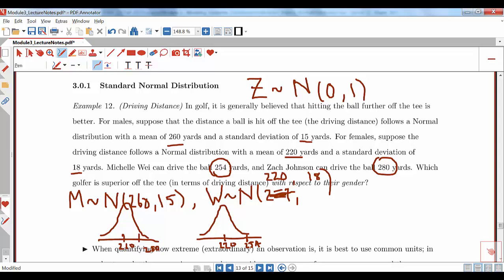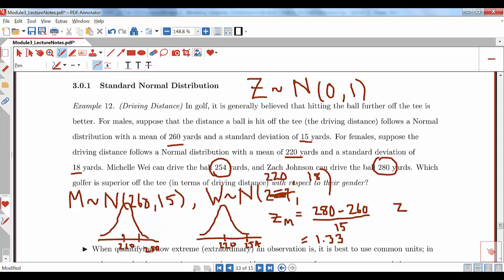So what I can do is standardize these values. We call these z-scores. For the man, whose drive is 280, I take the value x, subtract off the mean of that distribution, 260, divide by 15, and I get 1.33.